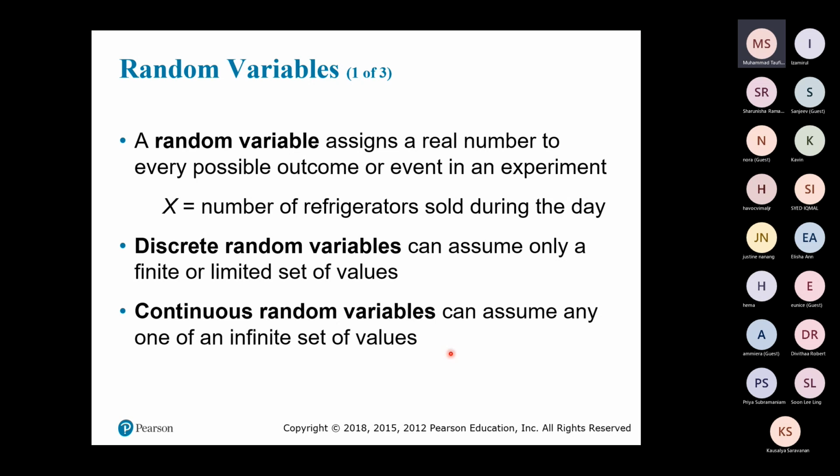Bila kita tambah random pula, jadi pemboleh ubah yang berubah. Random is rawak. Yes, betul. Pemboleh ubah rawak. Maknanya value tu boleh jadi apa saja. So random variable ni selalunya kita gunakan sebagai value yang kita nak tahu.